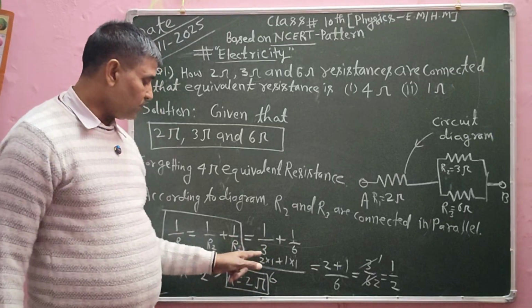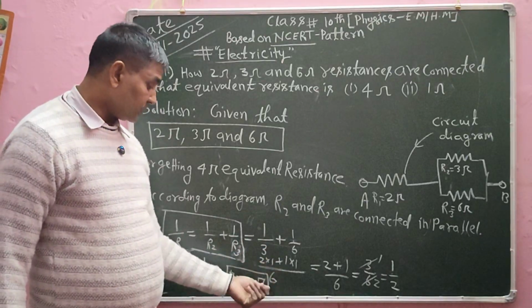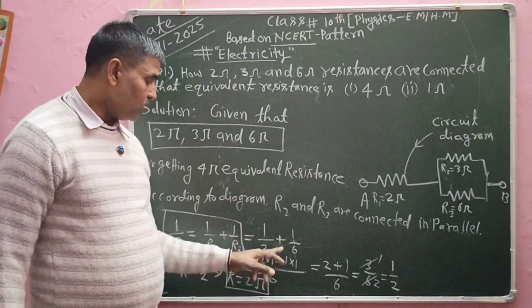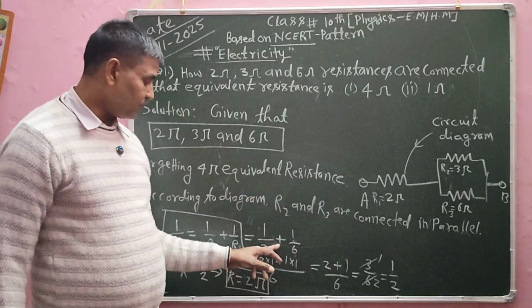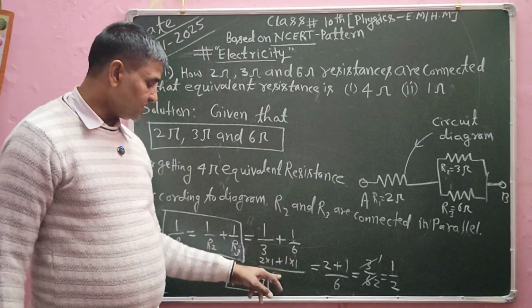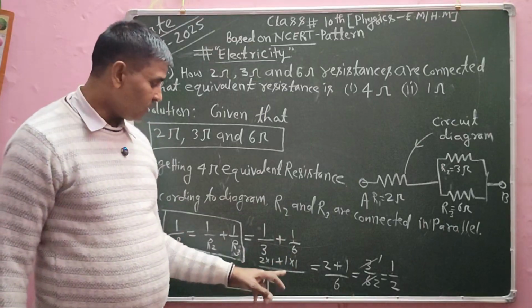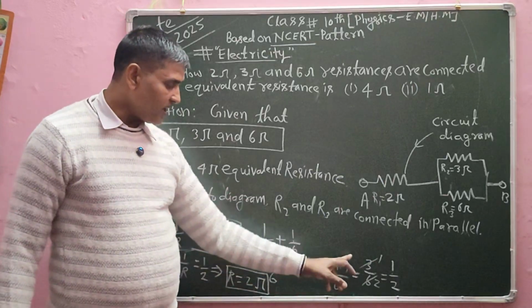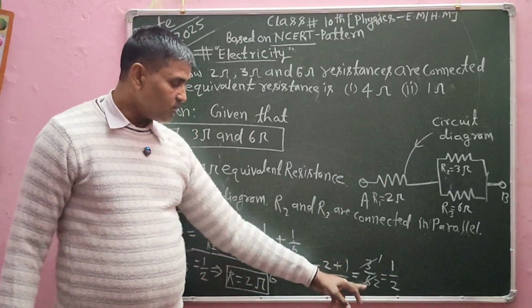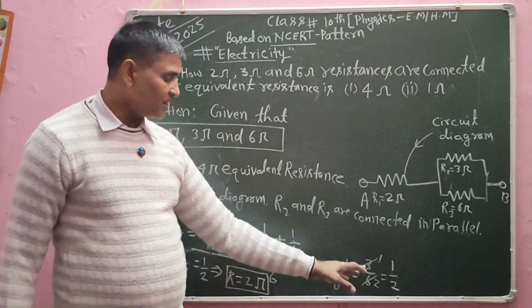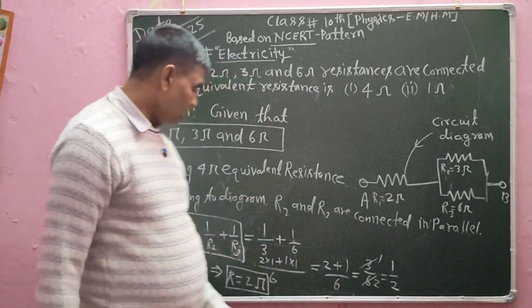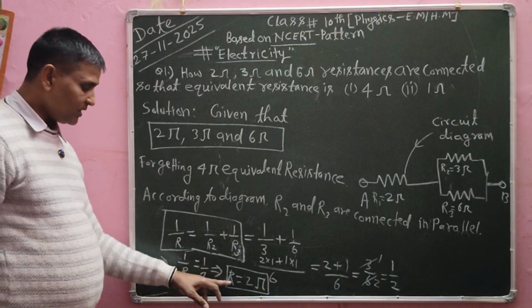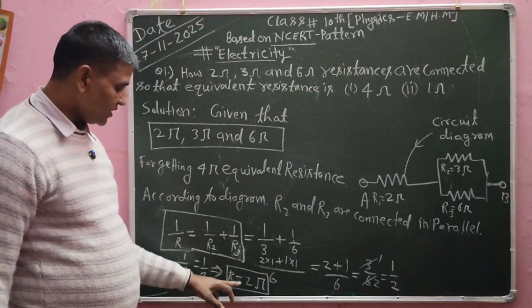Now 6 divided by 3 is 2, and 2 into 1 is 2. The plus sign is available, so I kept the plus sign, and then 6 divided by 6 is 1, and 1 multiplied by 1 is 1. So I have added 2 plus 1, which is 3, divided by 6. After simplification, I have written 1 divided by 2. It means 1 by R equals 1 by 2. After cross multiplication, I have got R equal to 2 ohm.